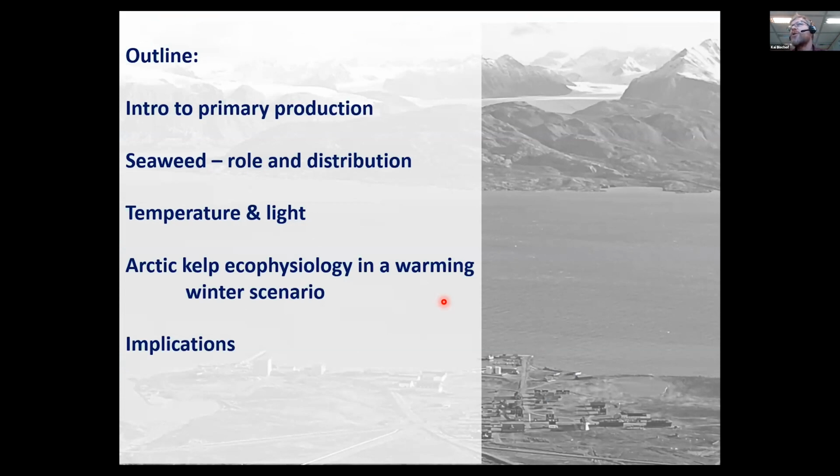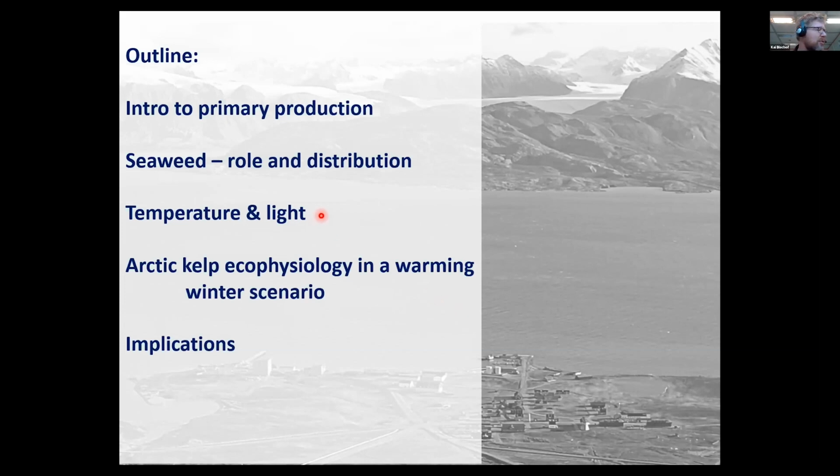This might go back to your school days or your very first year in university, but maybe it doesn't mind to refresh and to realize how everything is interconnected from the smallest molecular detail towards global ecosystem functioning. We will then talk about seaweeds, their role and distribution, and their particular role as an ecosystem engineer in Arctic fjord systems, and the impacts of temperature and light.